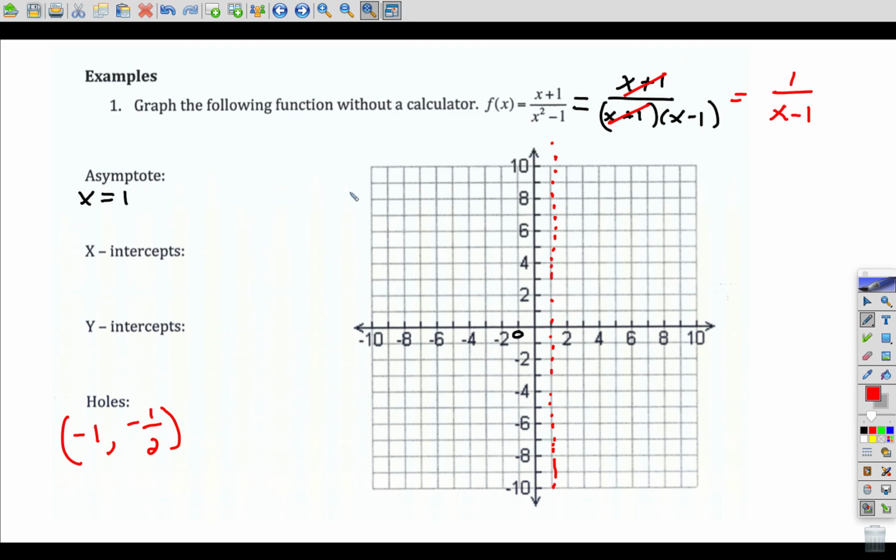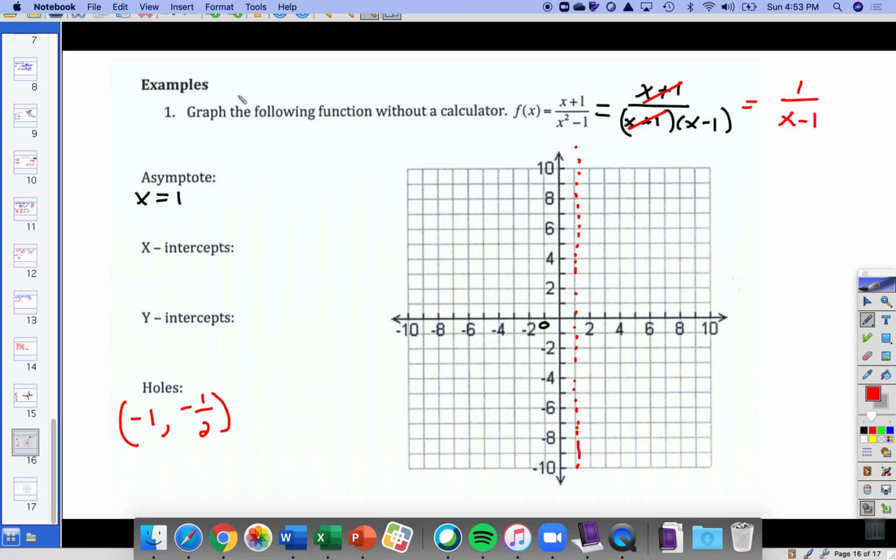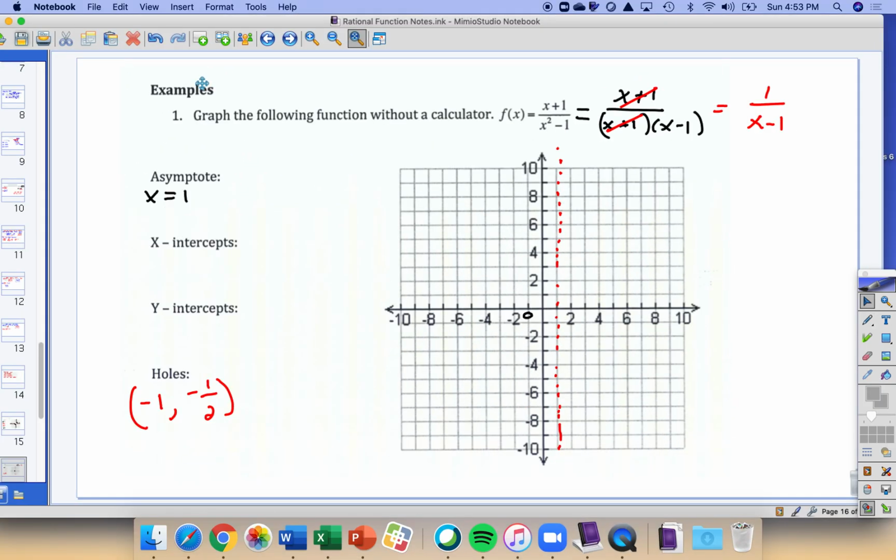Then I want to find my horizontal asymptotes if there are any. Well, the degree on top is technically 0 because it's x to the 0 power. And the degree on bottom is 1. Because my degree on top is smaller than the degree on the bottom, that means that I have a horizontal asymptote at y equals 0. So I'm going to draw that in a dotted red line, like so.